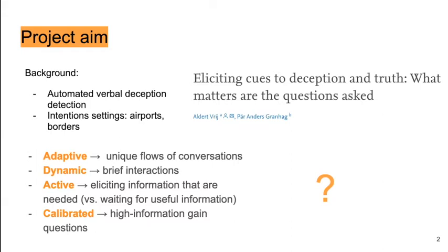Now, if we move to a large scale context, let's say airport security screening or border control, then we inevitably face the issue that this whole idea of asking good questions becomes more difficult, right? Because how will you scale this up?